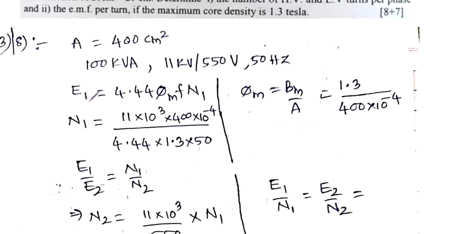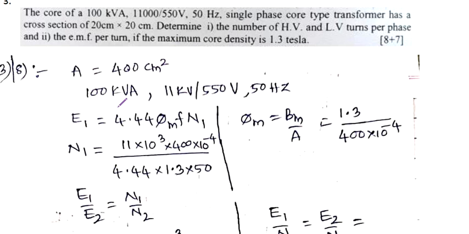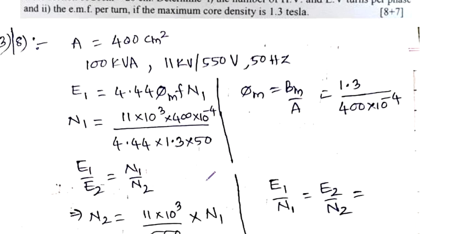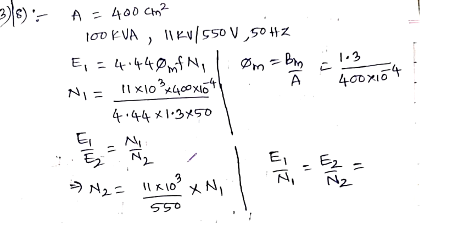From the EMF equation, we have E1 is equal to 4.44 phi m f N1, and from this you can get the number of turns N1. Converting centimeter square into meter square, the area will be 400 into 10 to the power minus 4. From this you will get the N1 value, and if you use the relationship E1 by E2 is equal to N1 by N2, you will get the N2 value.